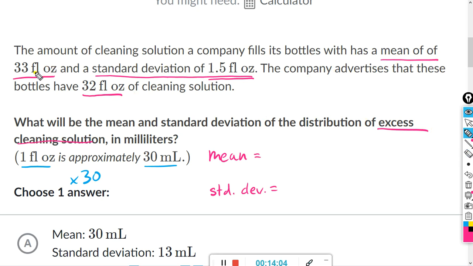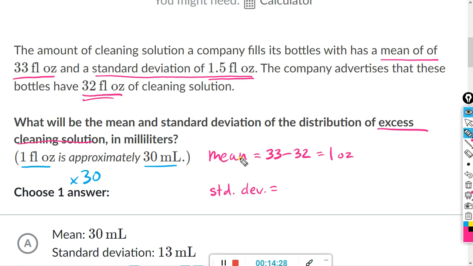The mean is 33, but the company advertises the bottles have 32. So the mean is going to be 33 minus 32, which is 1 ounce. Remember we're working in ounces at first.